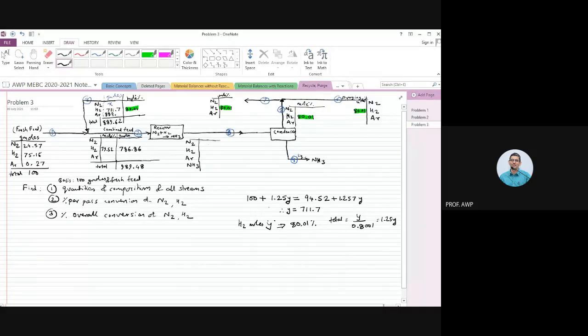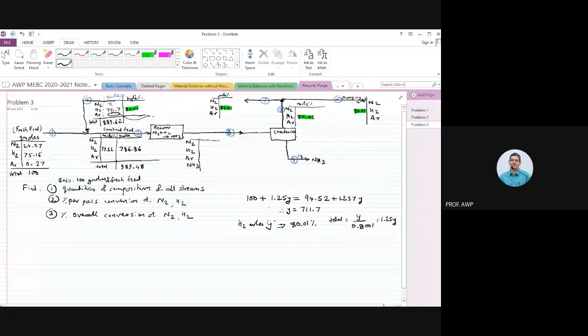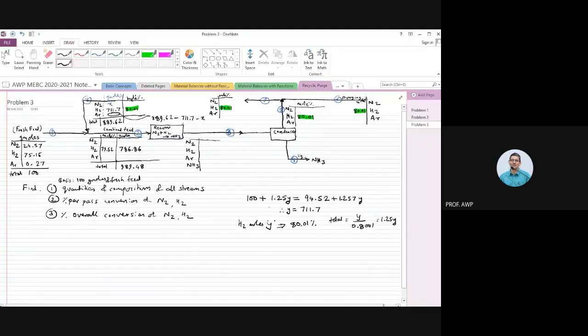moles of argon in the recycle stream, this would be 889.62 minus 711.7 minus X. We can eliminate one more unknown and keep everything in terms of X. Is that okay?